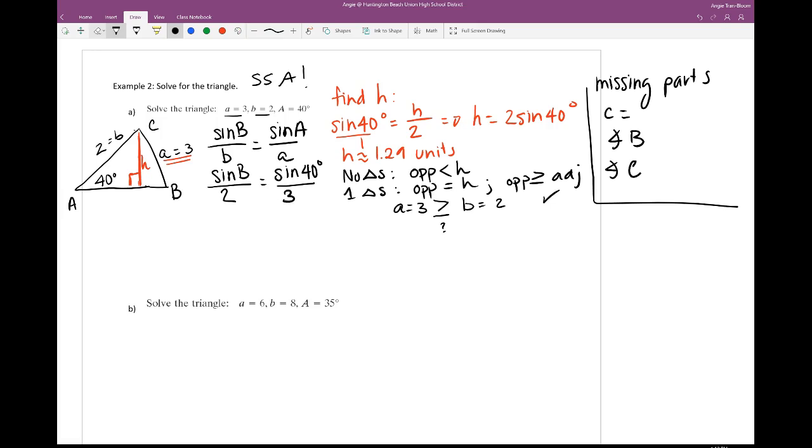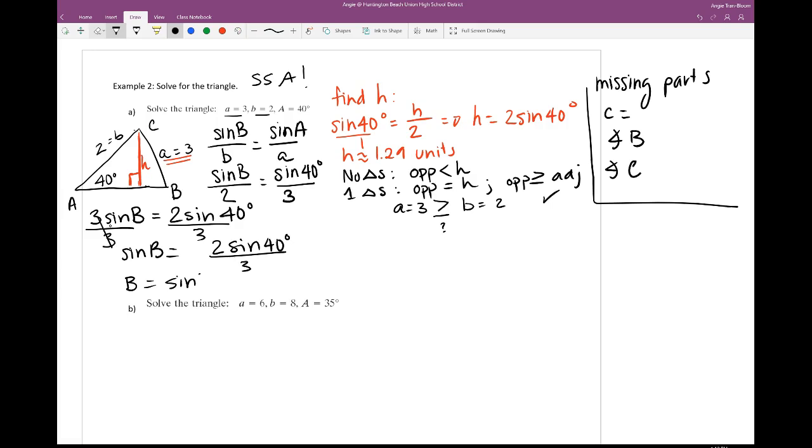Cross multiply, this gives me 3 times sine of B equals 2 times sine of 40 degrees. Divide both sides by 3. So sine of B equals 2 times sine of 40 degrees all over 3. Then take sine inverse of both sides, so B equals sine inverse of 2 times sine of 40 degrees all over 3.